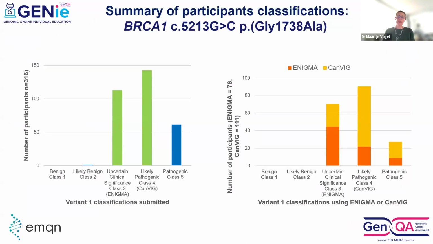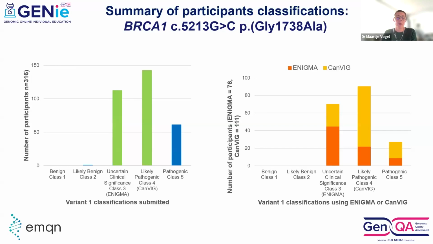So on the left panel on this slide, you see the classifications for the different classes that the participants submitted. And what you can see is that the majority of participants classified this variant as likely pathogenic, class 4, which is the correct classification when you use the CanFIG guideline.